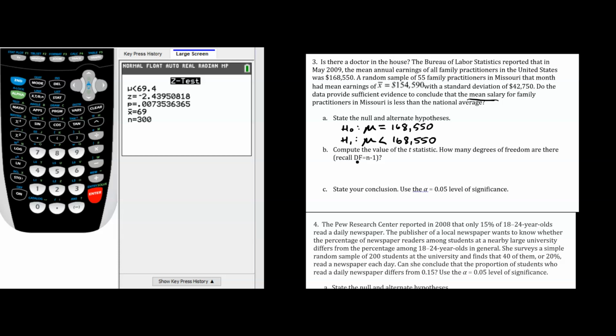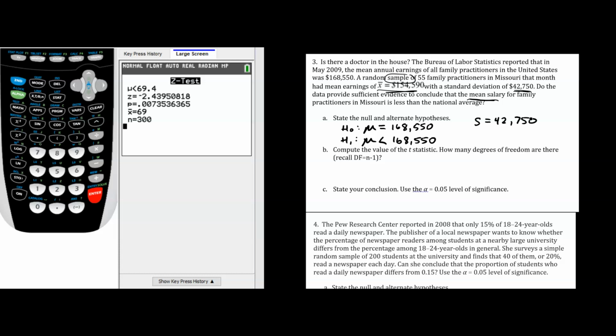Okay, compute the value of the t statistic. How many degrees of freedom are there? So the reason it's saying compute the value of the t statistic is when they give you the stats in this problem, including the standard deviation, the stats that they give you are relevant to a sample. And if we're doing a hypothesis test involving means, but we only have a sample standard deviation, and so I'm going to label this s is equal to 42,750, then that means our test statistic is going to follow a t-distribution.